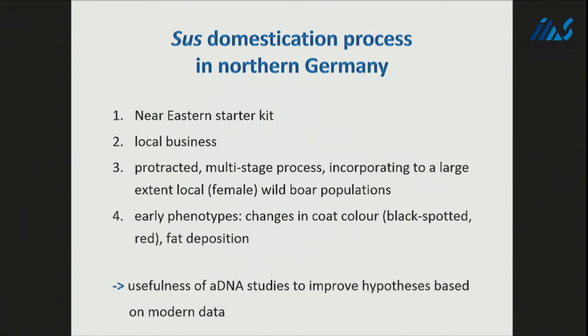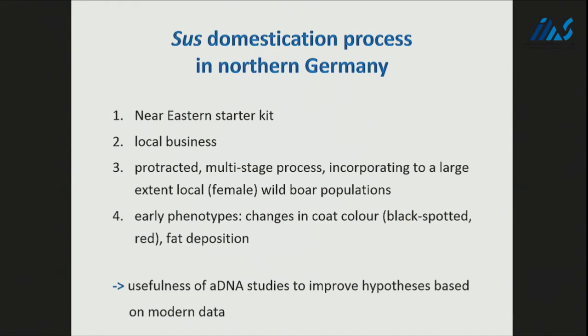So what we can say already is that we received in northern Germany what we call a Near Eastern starter kit of some domestic pigs, but very soon they started their local breeding business, and it's a protracted and multi-stage process, and they incorporated to a large extent local animals.